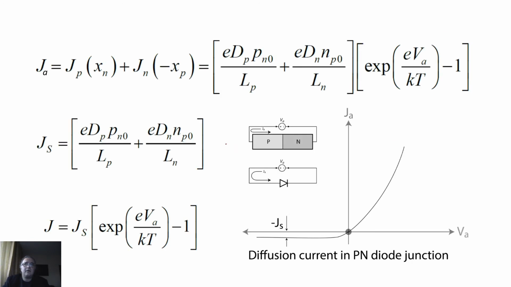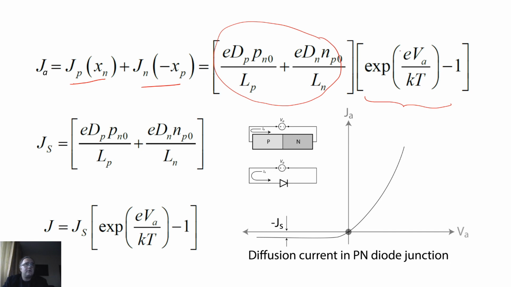Then the total current, of course, through the structure will be the sum of the diffusion current of holes and the diffusion current of electrons. If we combine both in an equation, then we can put this as a constant in front of the brackets, and inside the brackets we will have the exponential dependence of the current on the externally applied voltage VA.